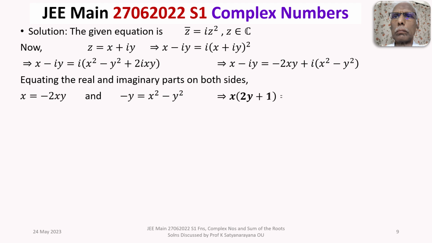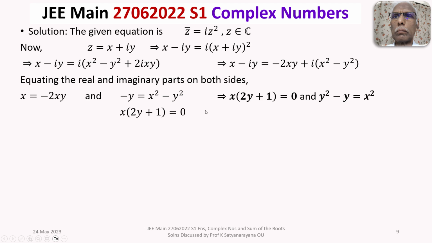This will imply, bringing minus 2xy to the left hand side, x times (2y plus 1) is equal to 0, that is the first one. And bringing the minus y square to the left hand side, we get y square minus y is equal to x square. So we deal with two cases.